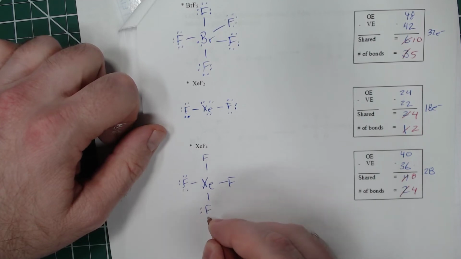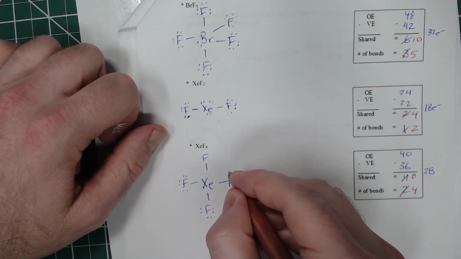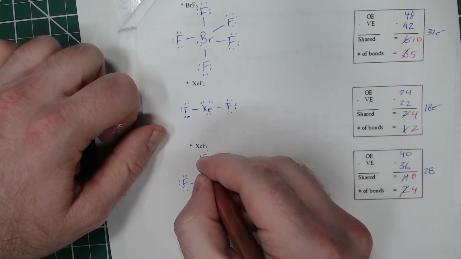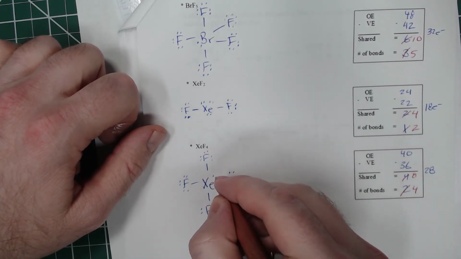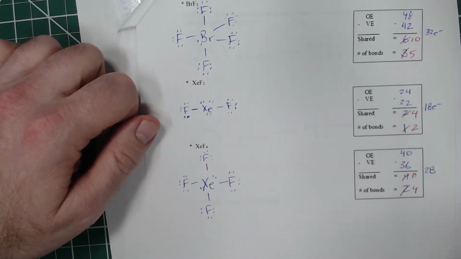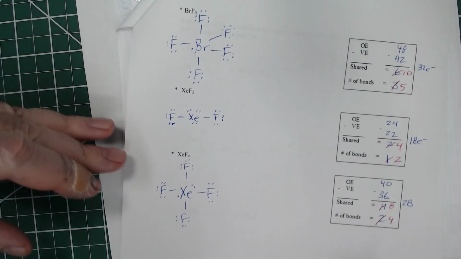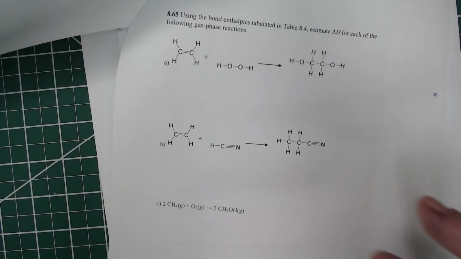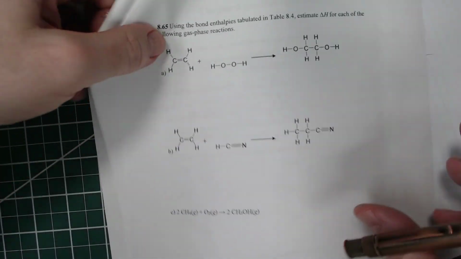So 8, 10, 12, 14, 16, 18, 20, 22, 24. So we've used 24 of our 28. We've got 4 more, and those 4 more have to go onto the xenon. All right, and that is it. Okay, so that is our expanded octet.